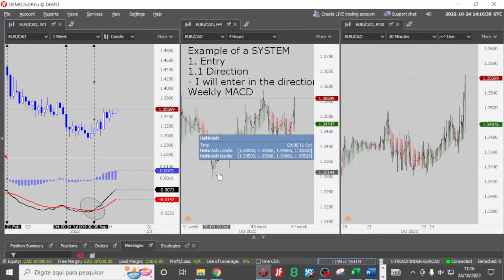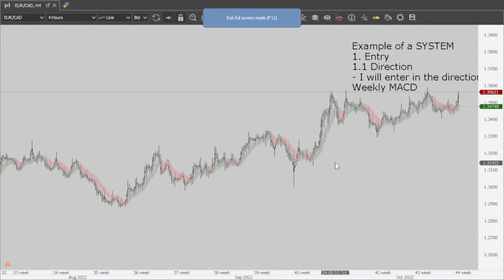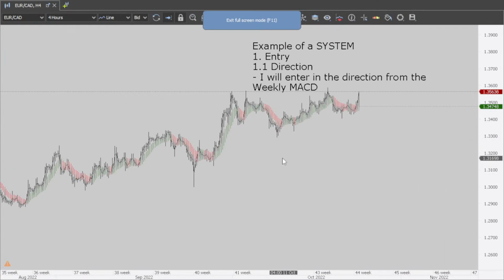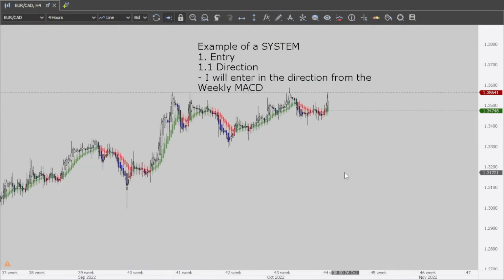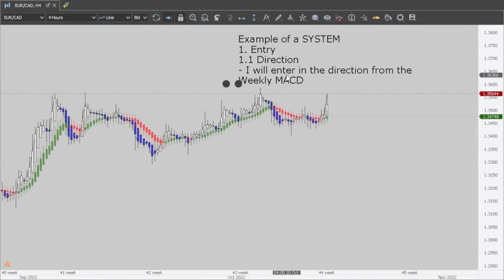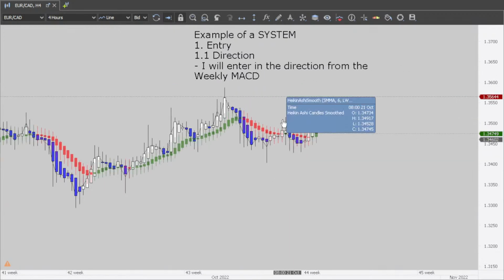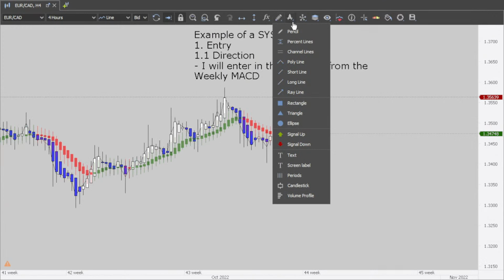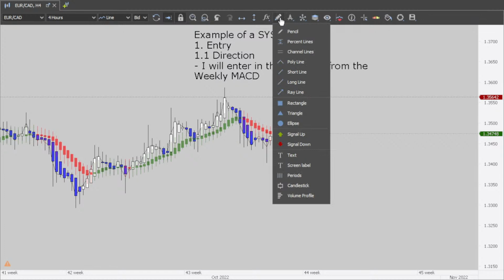Now I'm going to buy, and now I'm here on the 4-hour chart. This is just an example. Time frames, direction. I will enter in the direction from the weekly MACD, and we have Heikin Ashi smooth, and then we can also put some indicators, just an example.